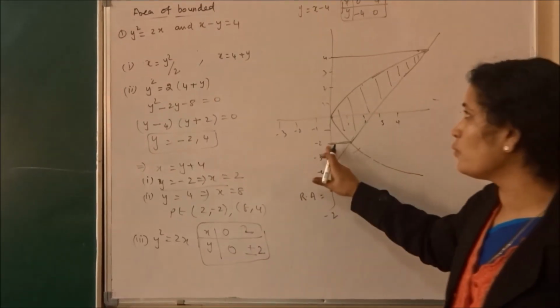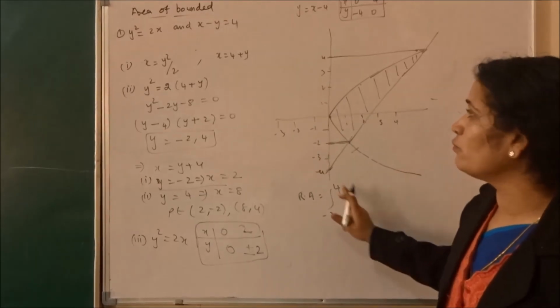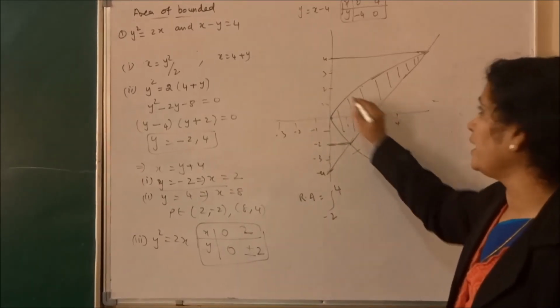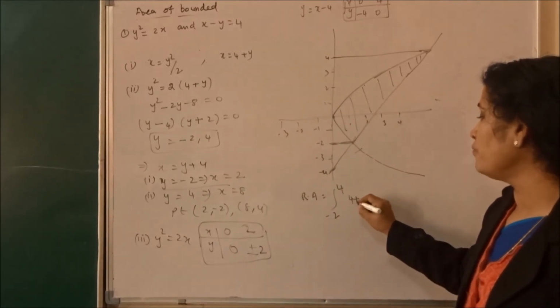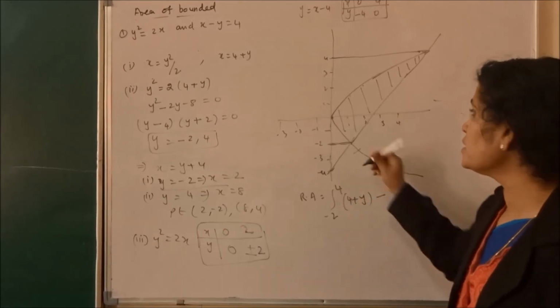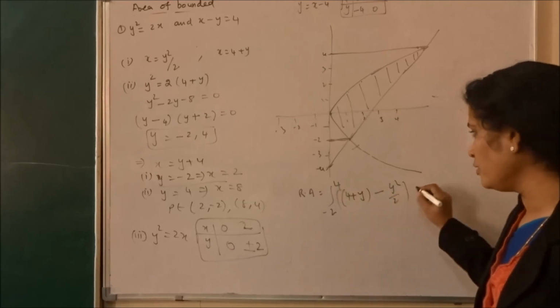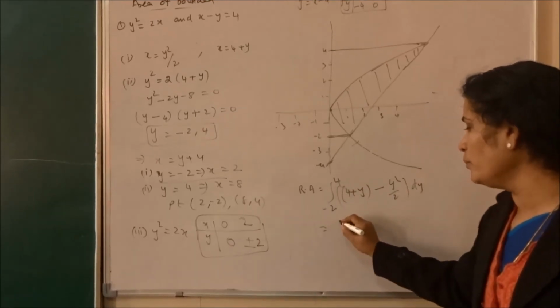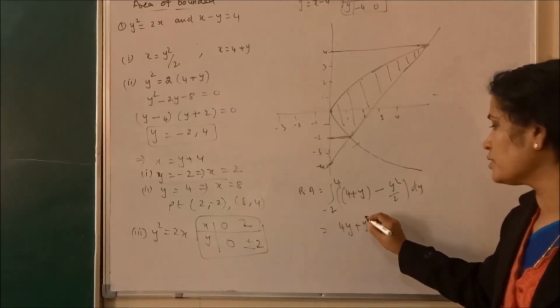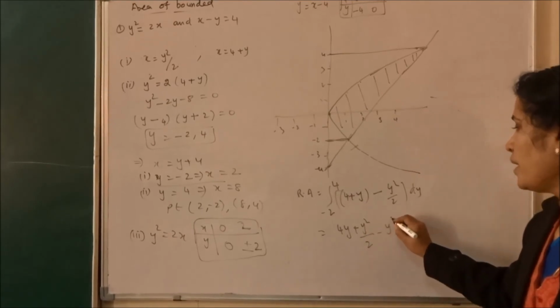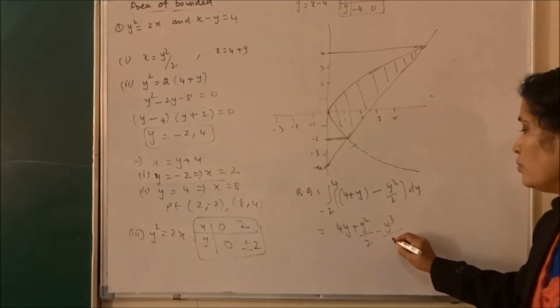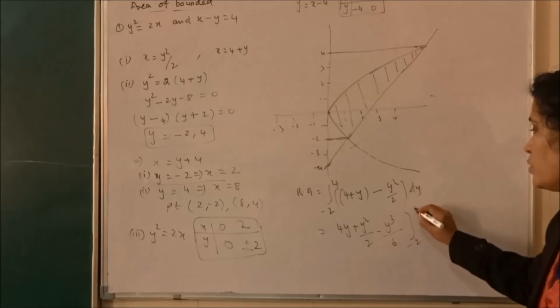Now the required area: I am going with the y-axis, from minus 2 to 4. Upper minus lower. What is upper? Upper is the line 4 plus y, minus lower. What is lower here? y square by 2, into dy. Clear to you? So that's a good diagram. This is a different question we got here. That is y square by 2 minus y cube by 3 into 6, with limit minus 2 to 4.